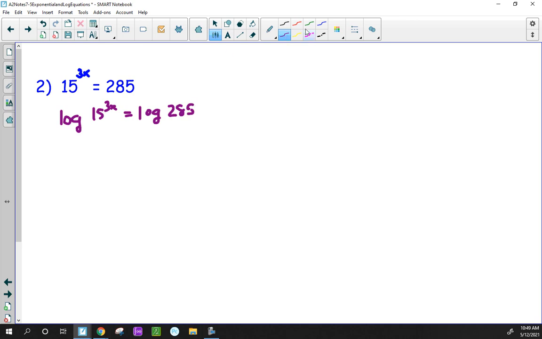Then you're going to use your power property for logs. You're going to take the exponent to the front. We're going to write 3x times log of 15. We'll put this in parentheses here. Equals log of 285.